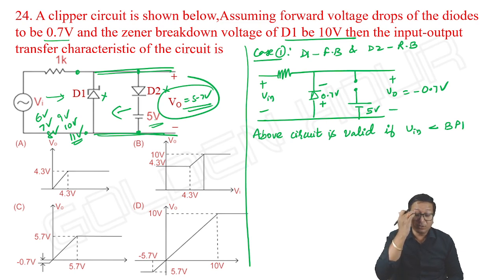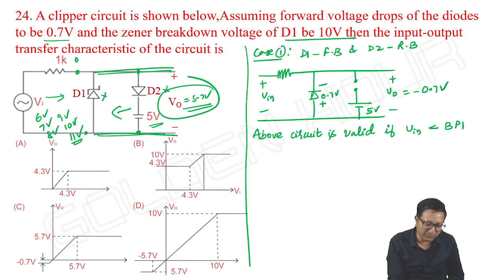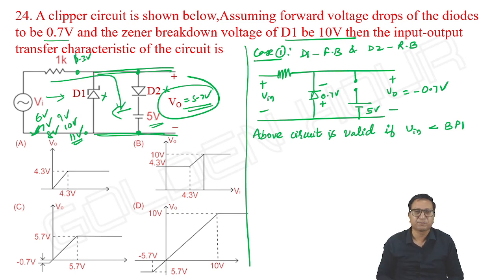See, actually what is happening here is, when input is 6 volts, with 5.7 across the output, the voltage across 1K will be 6 minus 5.7, 0.3. When input is 7 volts, the voltage between these two terminals is 5.7 only, but this becomes 1.3. The current in the circuit will increase. What is the current? 6 minus 5.7 by 1K, that is 0.3 milliampere when input is 6 volts.